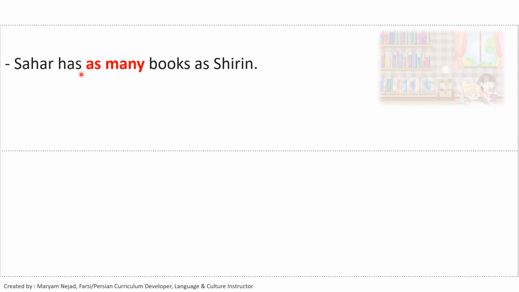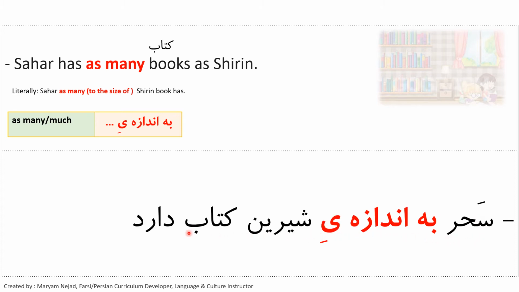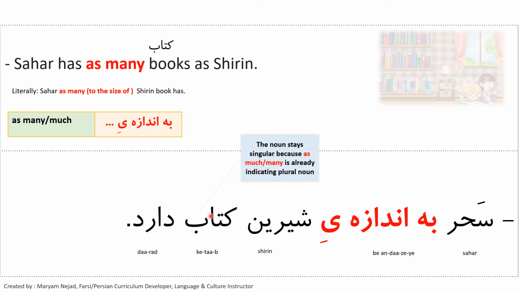So here, as many can be translated as به اندازه. سحر به اندازه شیرین کتاب دارد. And here, one thing you need to take note of is that the noun stays singular, because به اندازه, which means as many here, is already indicating that the noun is plural.